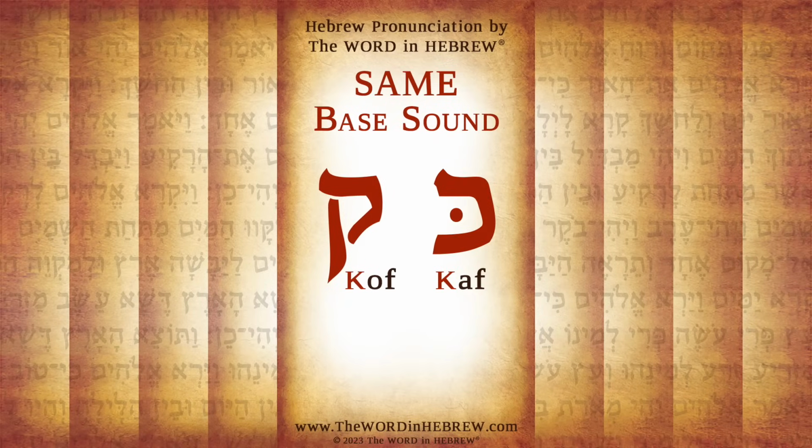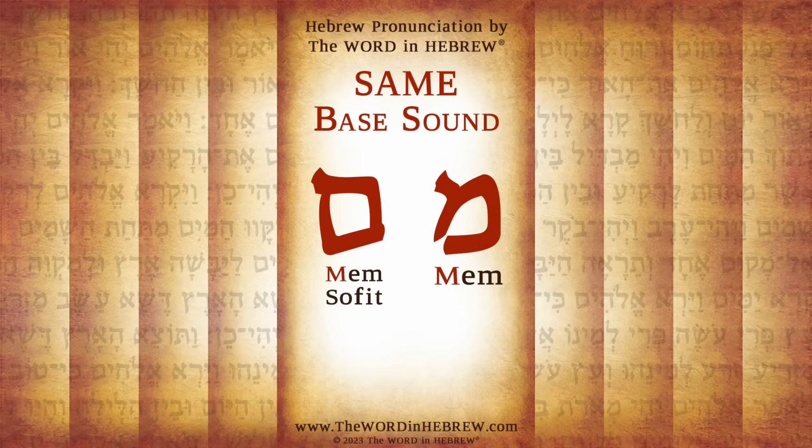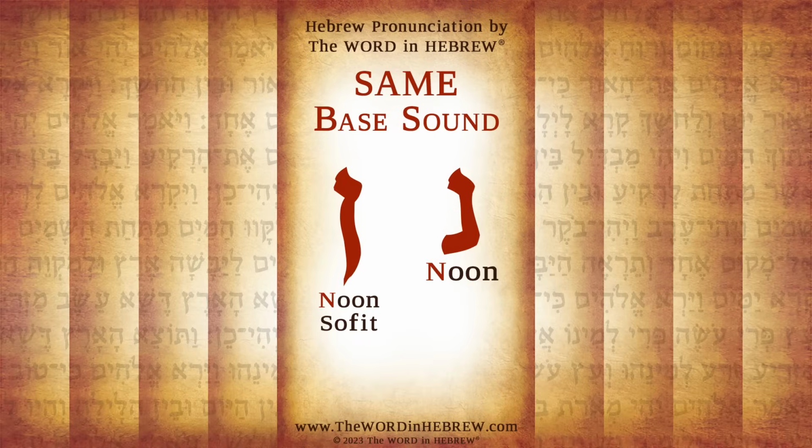Kaf and Kof both make k as in ark. Mem and mem sofit both make m as in gem. Nun and nun sofit both make n as in pen.